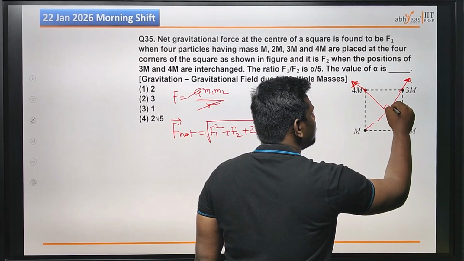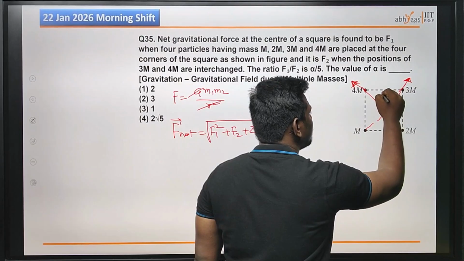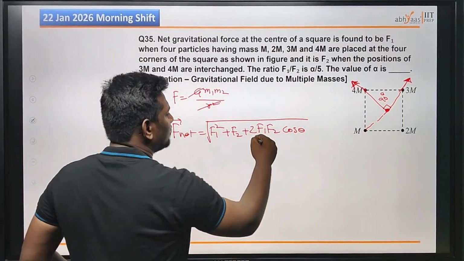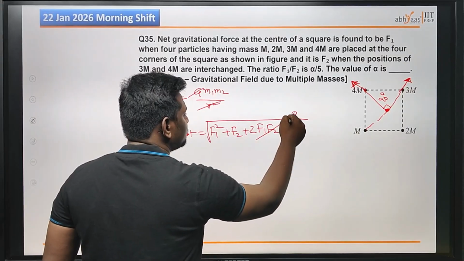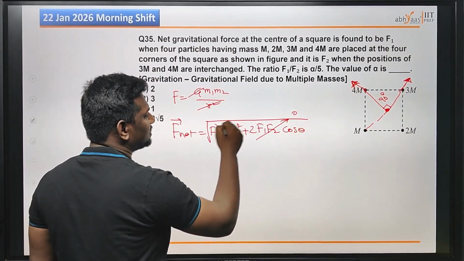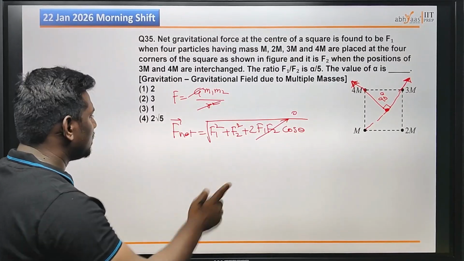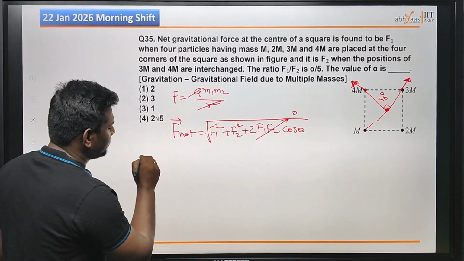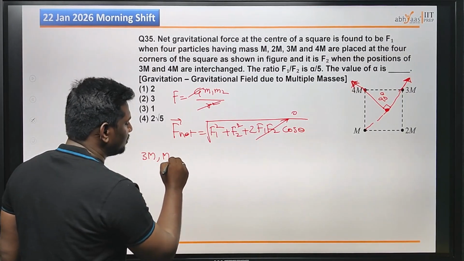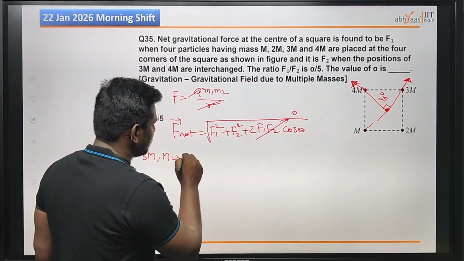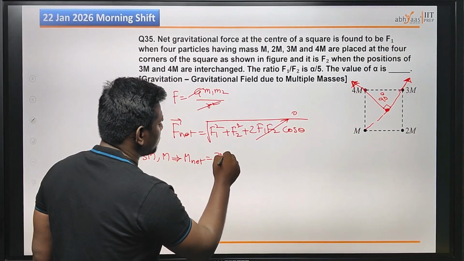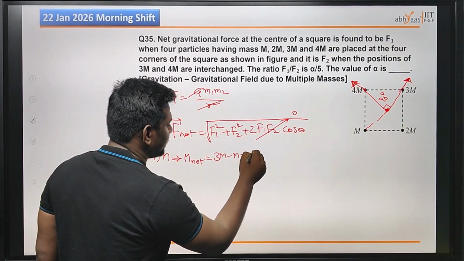So what is the angle here? Here you are getting angle 90 degrees. Then cos theta will be 0. So from F1 plus F2, for masses 3m and m, you will get a net mass of 3m minus m, then you are getting 2m.